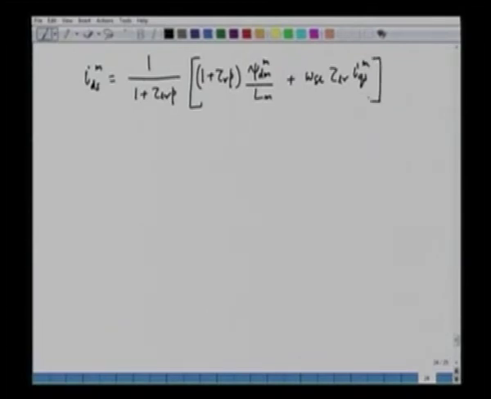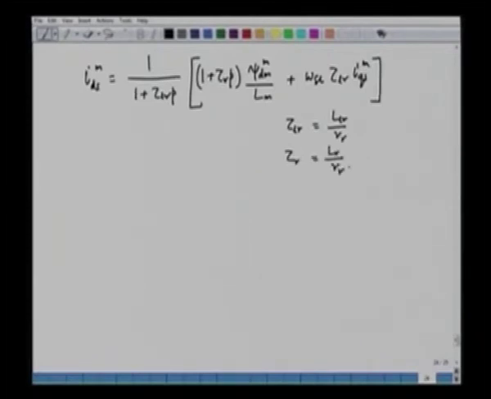Here tau LR is the leakage time constant of the rotor, equal to LLR by RR, and tau R is the time constant of the rotor, that is LR by RR.